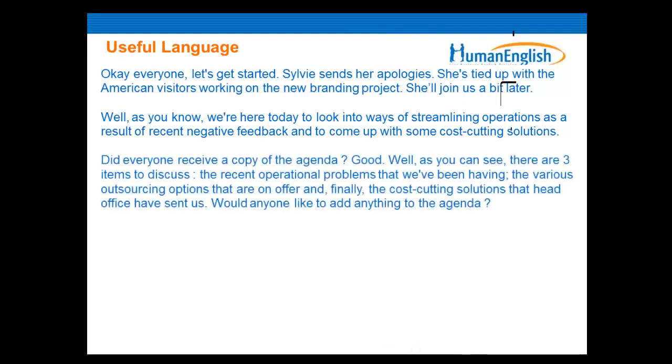Did everyone receive a copy of the agenda? Good. Well, as you can see, there are 3 items to discuss. The recent operational problems that we've been having, the various outsourcing options that are on offer, and finally the cost-cutting solutions that head office has sent us. Would anyone like to add anything to the agenda?